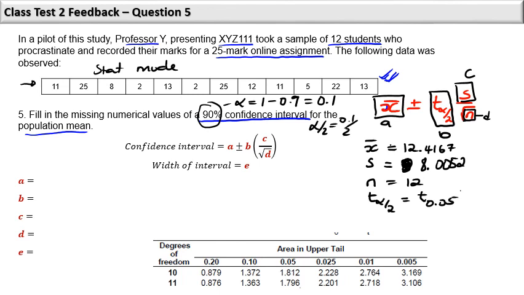But to find this, you will need what we call the degrees of freedom. And what are the degrees of freedom calculated as? It's the sample size minus 1. So it's 12 minus 1, which is 11. So what will I do? I'll go to my t-tables at 11 degrees of freedom, and I will look for 0.05. That value is nothing but 1.796. Oh wow, now we have our answers.